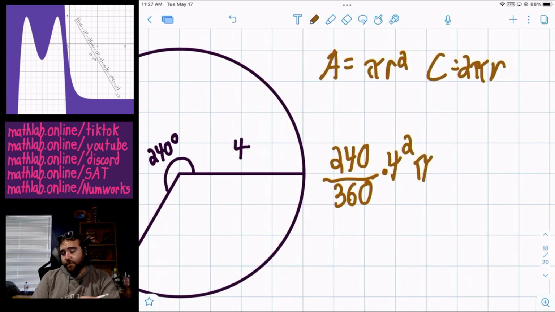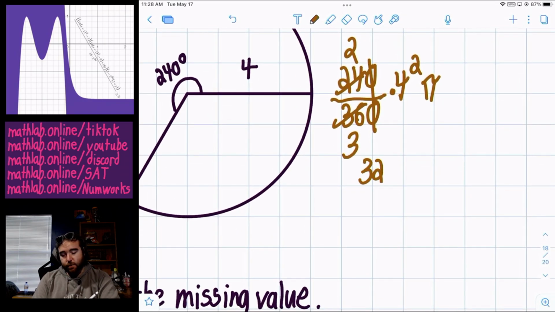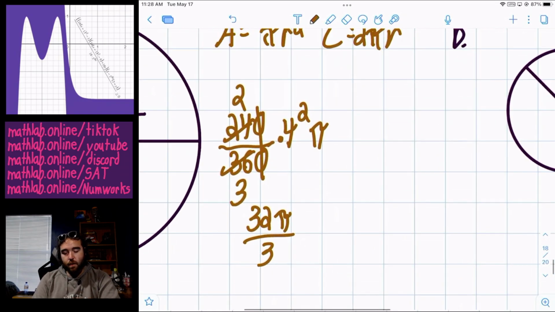Then we just have to simplify everything. The zeros cancel, the 12s cancel. This just becomes 2 thirds. And then 2 times 16 is 32. 32 pi over 3 for the area.